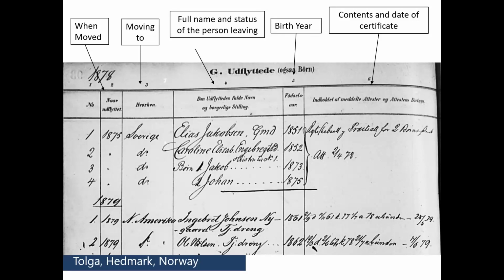Generally when you see status, that means occupation, their birth year, and then the contents and date of certificate. So that's really just the information regarding their birth, marriage, confirmation, things like that. So it's really clear that this first family is not known to the parish priest, because he doesn't know much about them. He doesn't know their birth dates here. We just have the birth year. And we just see he doesn't know anything about their baptism or anything like that.